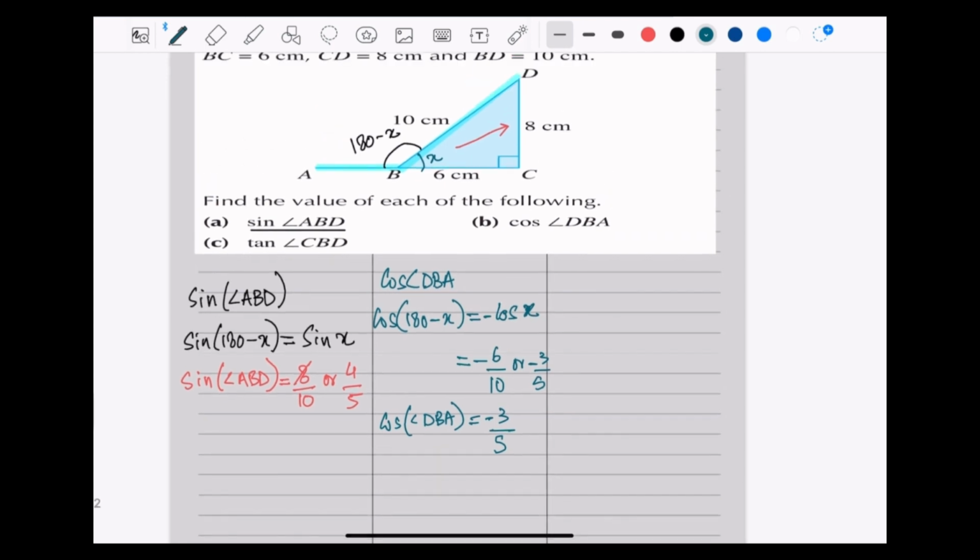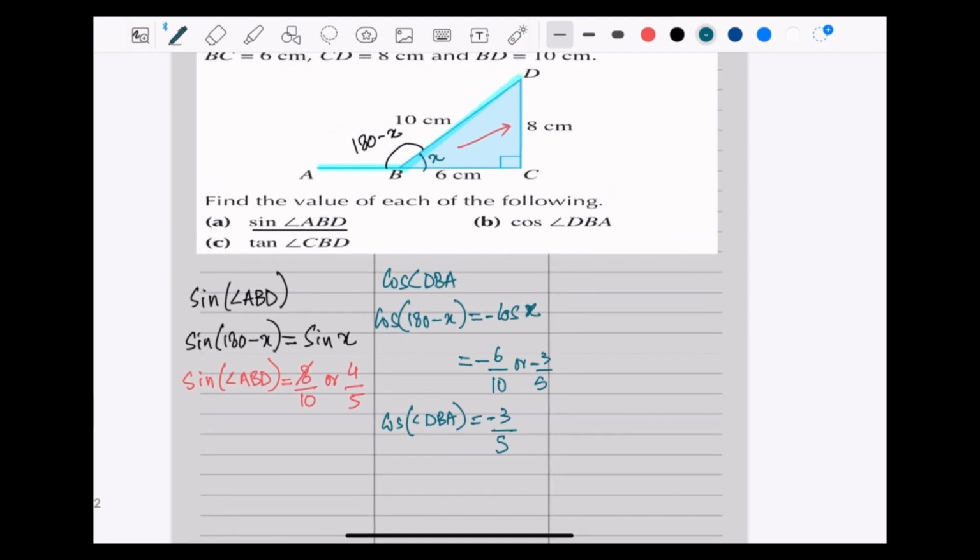That's okay. Tan of CBD. Now let's highlight that angle, C, B, and D. If you see, that's straight away asking for the acute angle, which means we are still within the right angle triangle.